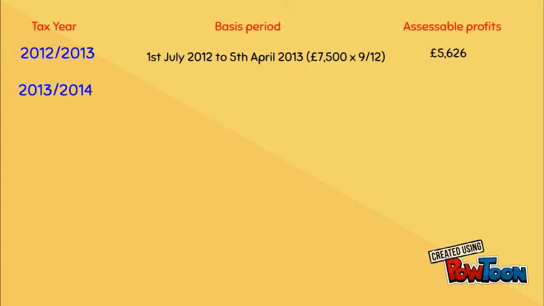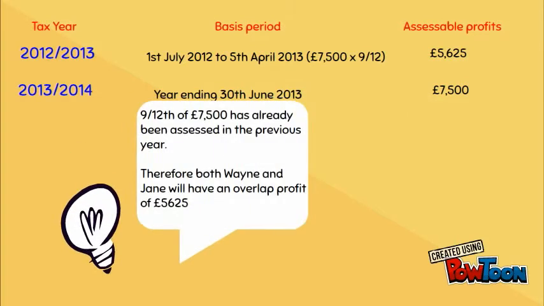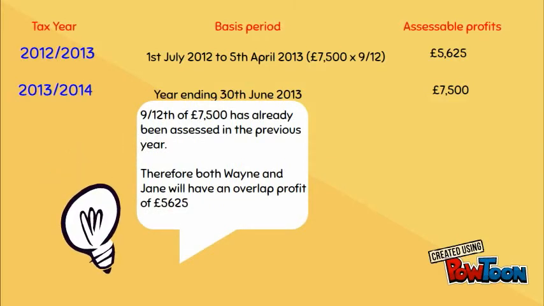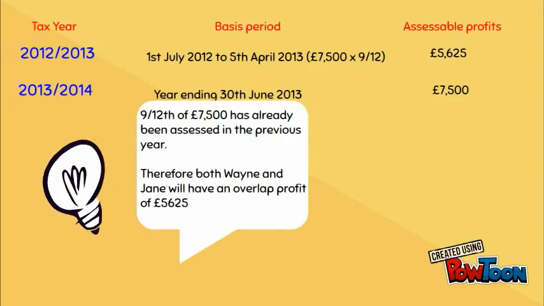In the first tax year, the year ending 30th of June 2013, Wayne and Jane's individual profits of £7,500 are assessable profits. It is very important to know that 9/12 of £7,500 has already been assessed in the previous year. Therefore, both Wayne and Jane will have an overlap profit of £5,625.